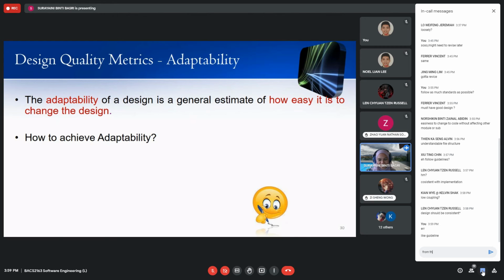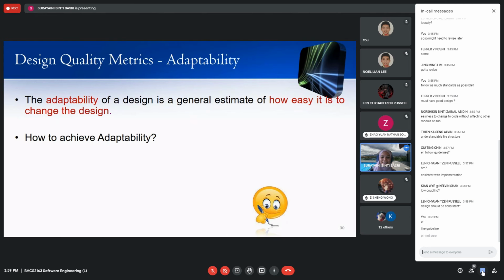Like guidelines, yes, but what are the guidelines? Not sure. Okay.